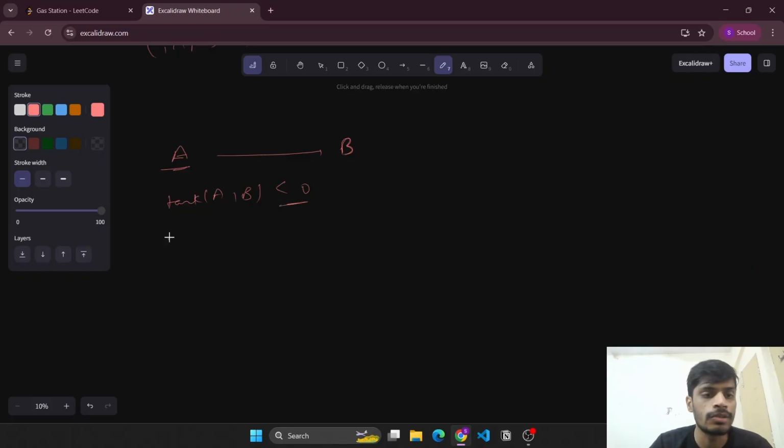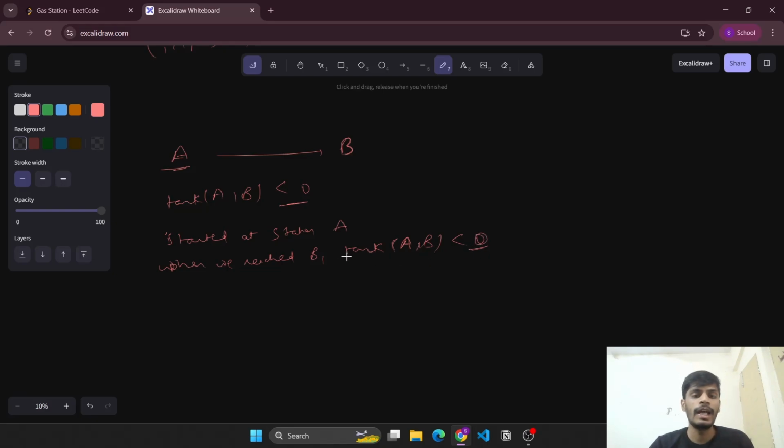Means the tank of AB, which denotes the amount of gas minus the cost, becomes less than 0. So this means that B is the first station at which the tank became less than 0.